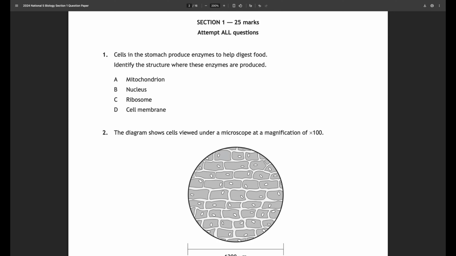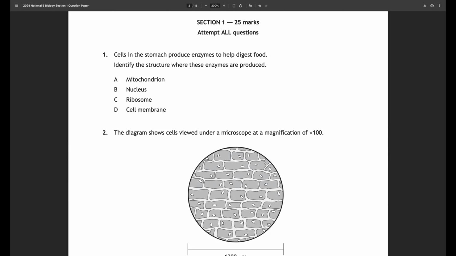So this is a tricky first question, to be honest, in the paper, because there's a couple of things to consider here. First of all, you have to link two bits of knowledge. One is the 1.1 cell structure knowledge, which is the function of the ribosome, and you also have to link that to topic 1, proteins, where you learn about the 5 different types of proteins, one of which is enzymes.